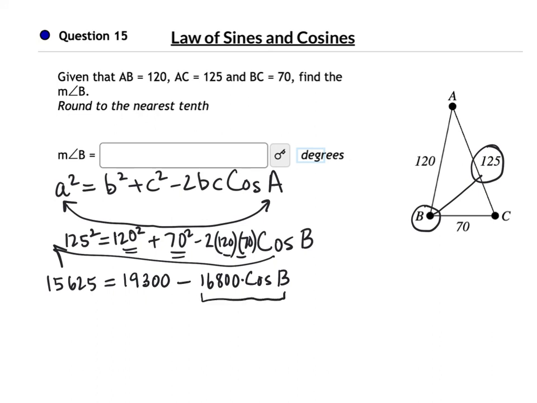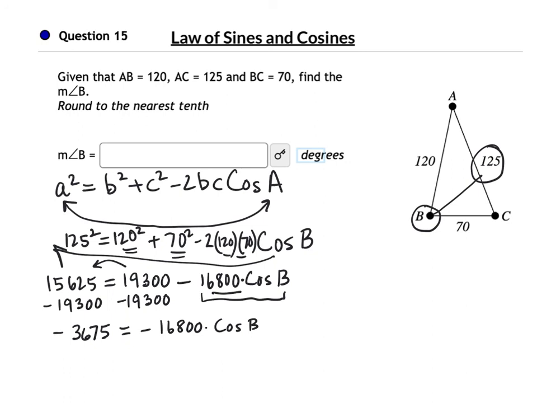Remember that we have to divide to get rid of the 16,800. First, move this to the other side. Subtract 19,300 from 15,625. We get negative 3,675 equals negative 16,800 times the cosine of B.